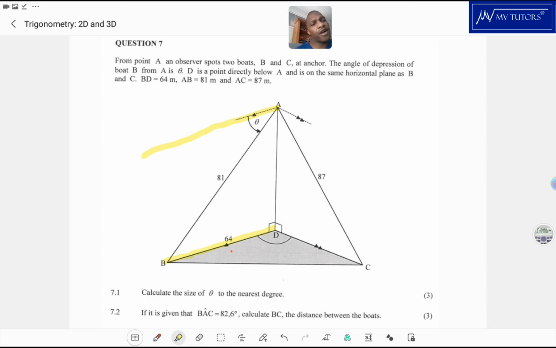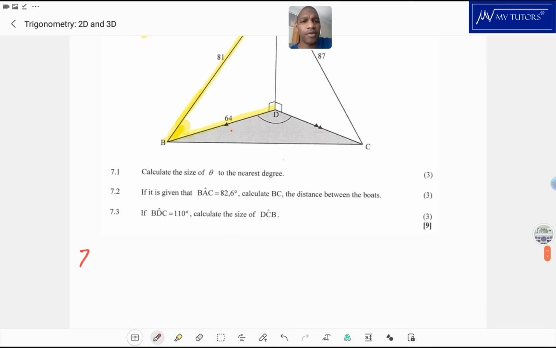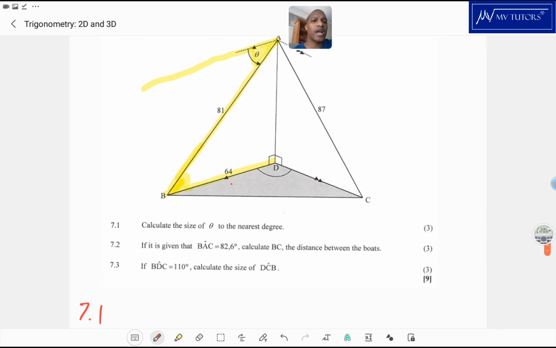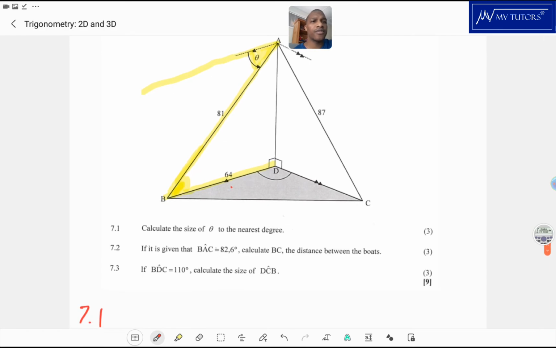And whenever we have parallel lines and a line separating them, that's where we have what we call alternating angles, which means this angle theta is really equal to that angle theta there. So let's start there. Let's start with 7.1. We are looking for theta.